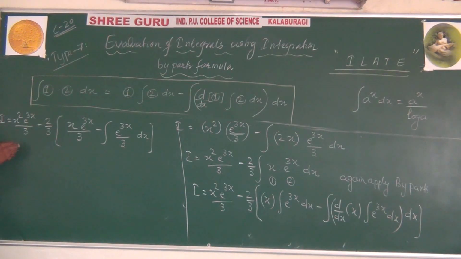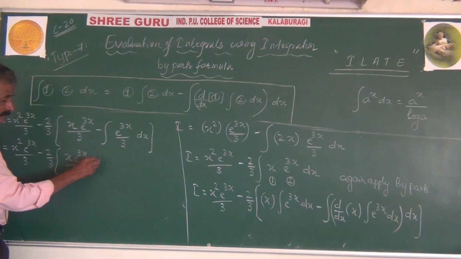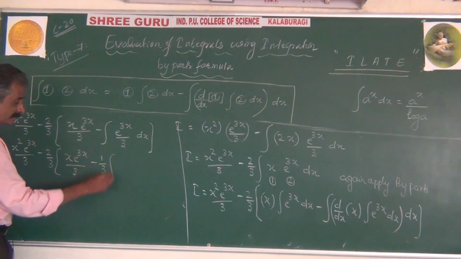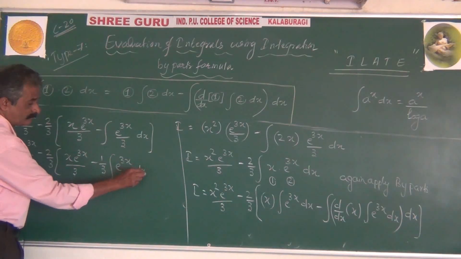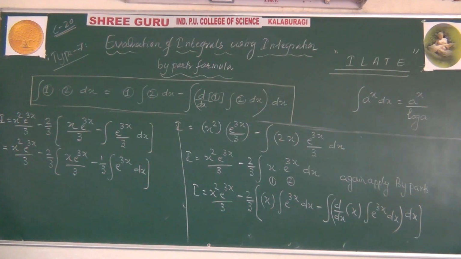That is equal to x square e power 3x by 3 minus 2 by 3 into x e power 3x by 3, minus 1 by 3 outside into integration of e power 3x dx.